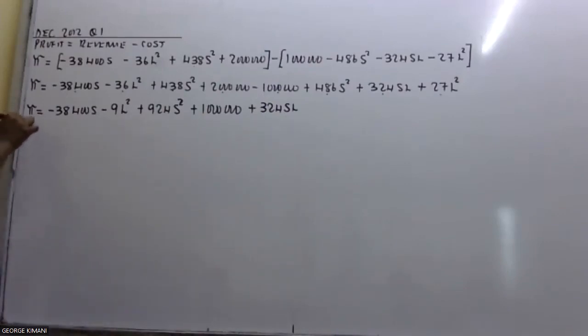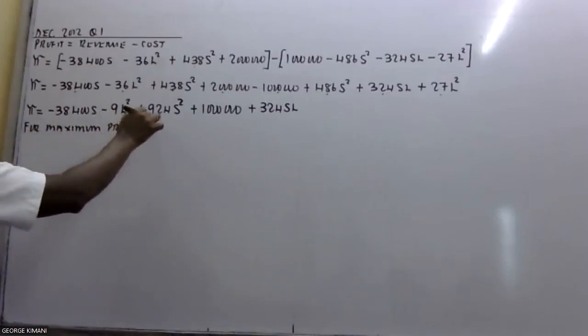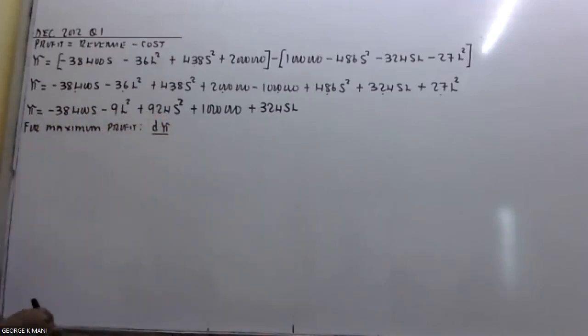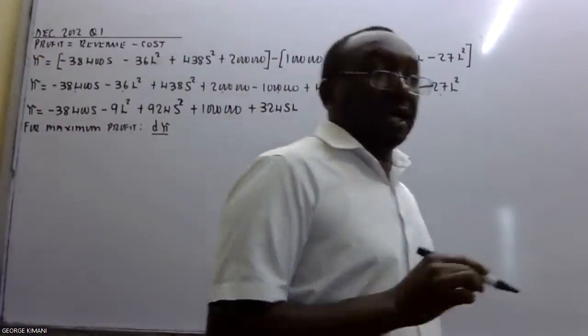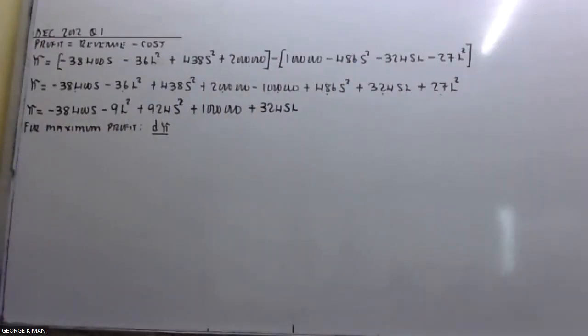Now, for maximum profit, the differential of pi. I told you the higher order differentials are used in the identification of maximum and minimum points, the point at which we are maximizing or minimizing.